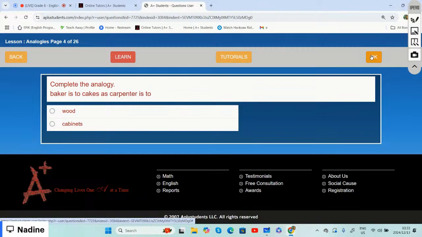All right. And we said baker is to cakes as carpenter is to cabinets. That is something that they make.